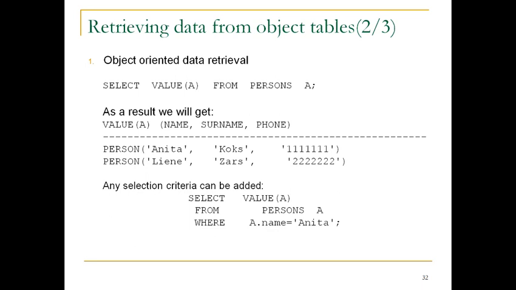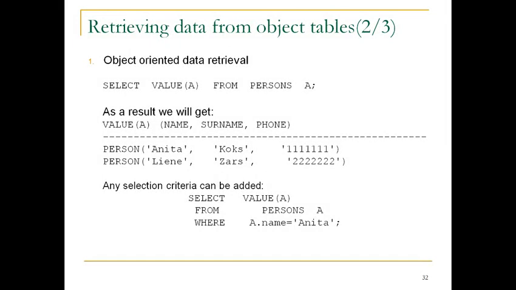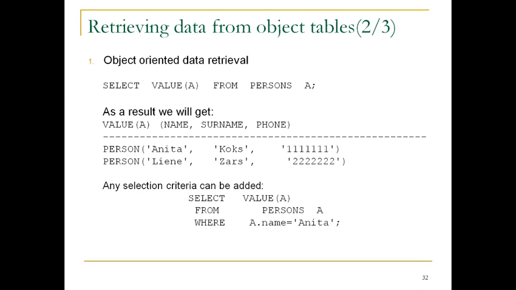Such parentheses or brackets denote that this is a whole object. This is a type of the object, and these are its attributes. It is denoted like this. Of course, we can write here any selection criteria and do any other operations.